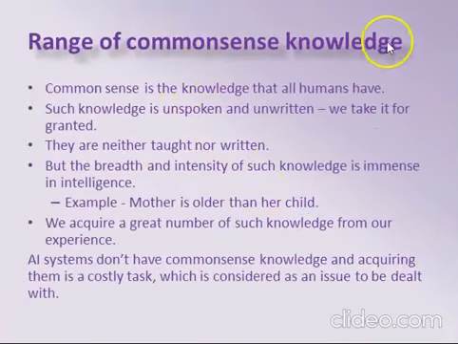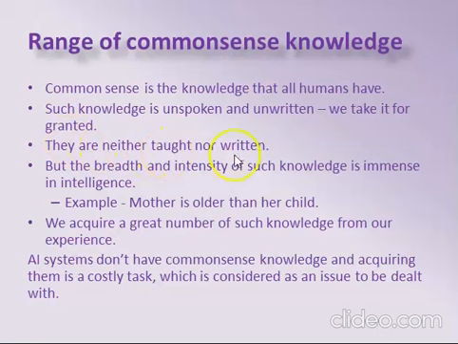Then, the range of common sense knowledge. Common sense is the knowledge that all humans have. Such knowledge is unspoken and unwritten. We take it for granted. None of our common sense is written or recorded in a book. It is not readable from a book. It is acquired by us through the experience we have had over the past years.